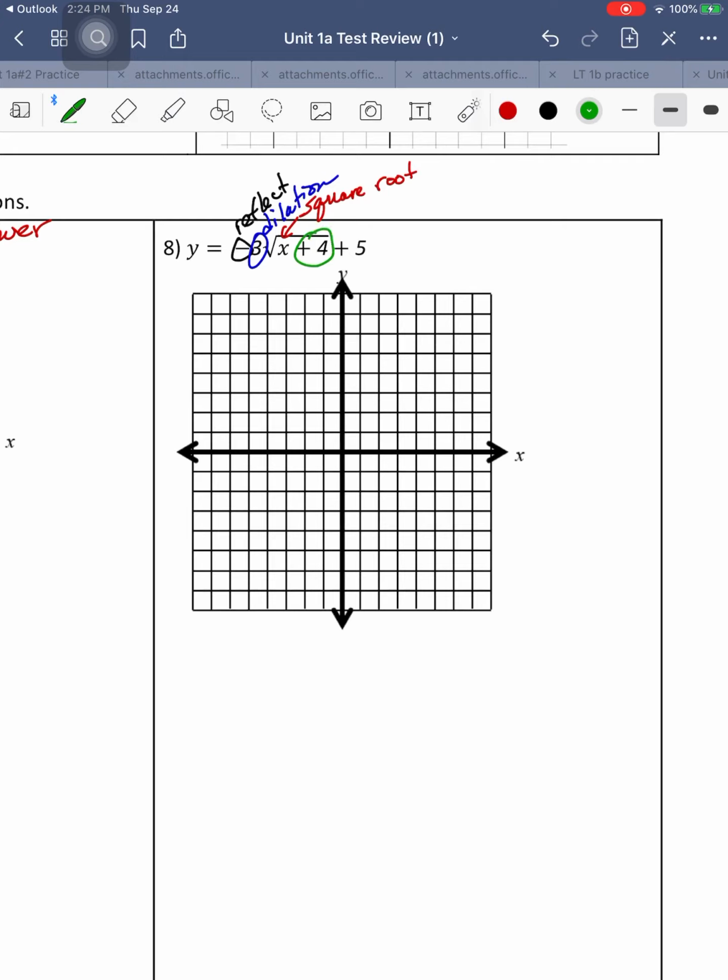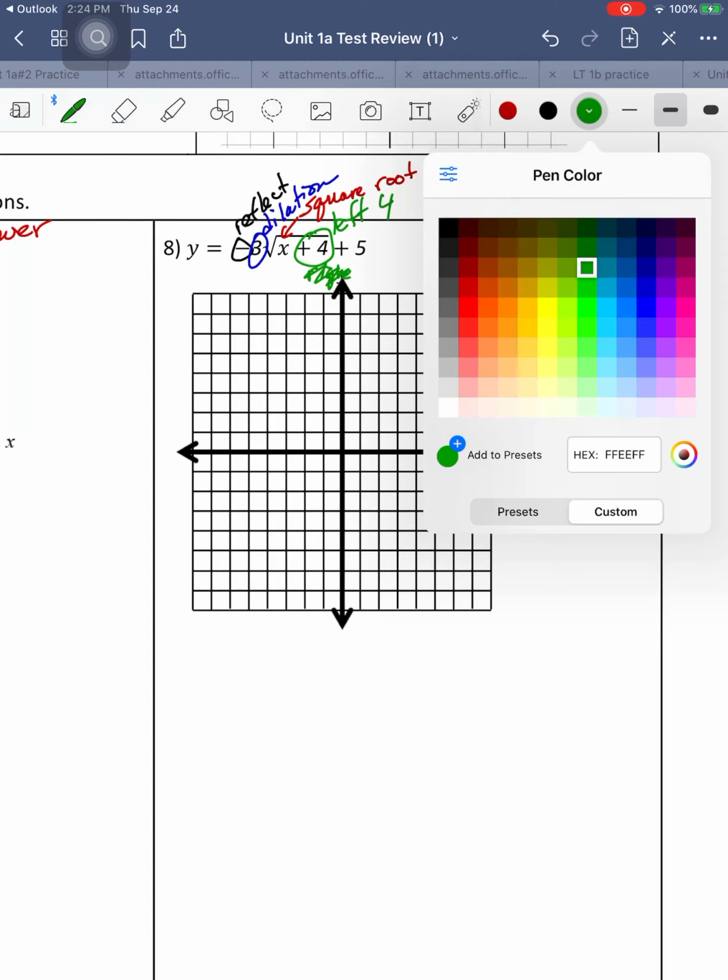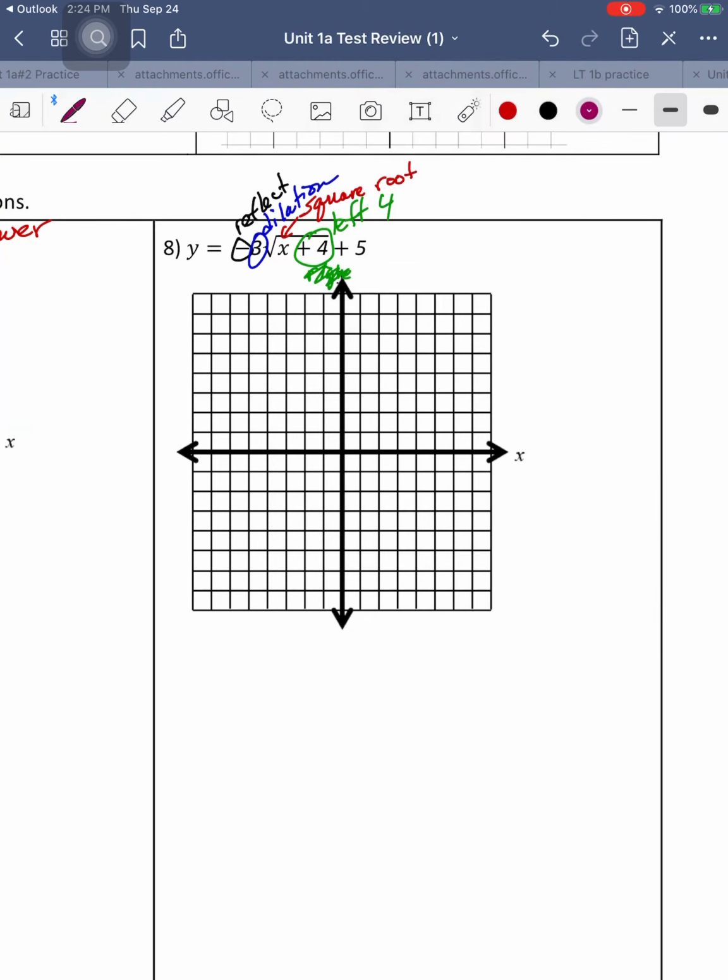And we can talk about the +4. That means right. Nope, left 4. And lastly, up 5. So a lot of stuff is happening in this graph, so we'll get to it.